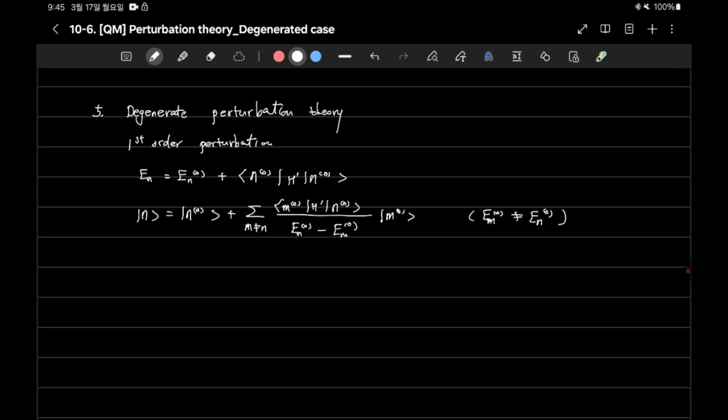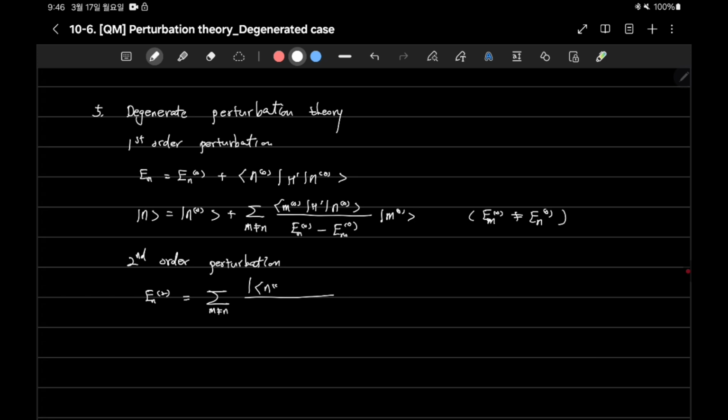And the second order, or higher order, can also be written down in the same way. For example, in the second order perturbation, the energy eigenstate for second order is the summation over m, but different from n, and it is higher order.